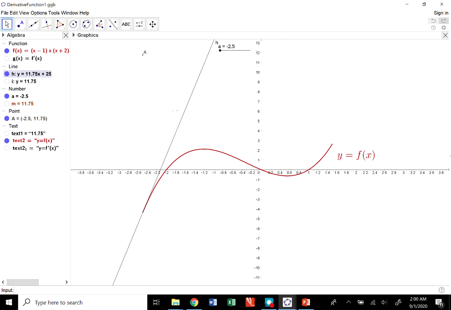Right? How do you draw a tangent? I already told you how to draw a tangent. That's the limit of the secant lines. Right? So let's assume that we went through all that process and we drew a tangent. Now, what's the slope of the tangent? The slope of the tangent turns out to be some number like 11.75.